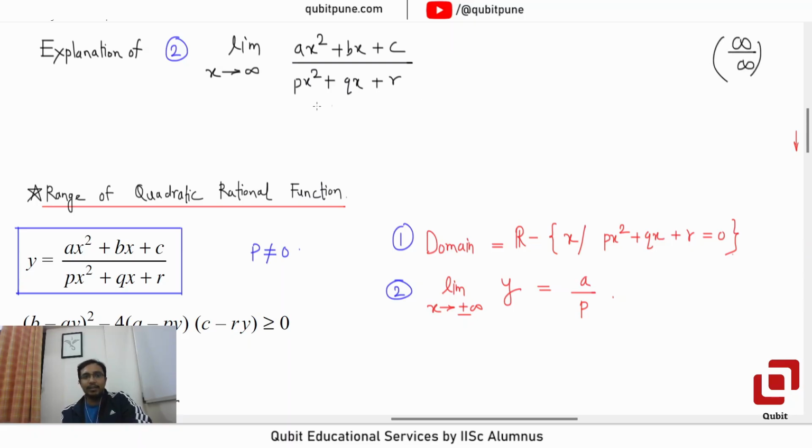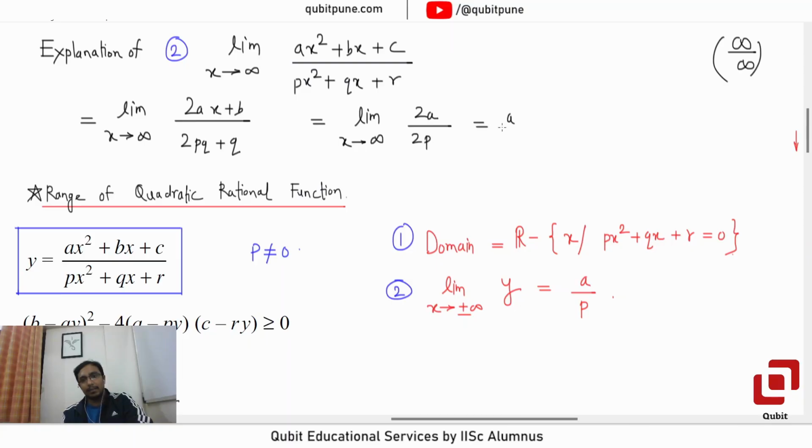So L'Hospital's rule applies. It will be the derivative of the numerator upon the derivative of the denominator. Again L'Hospital's rule applies, so it will be the derivative of the numerator upon derivative of the denominator, and that's a by p. Understood? Yes, sir.